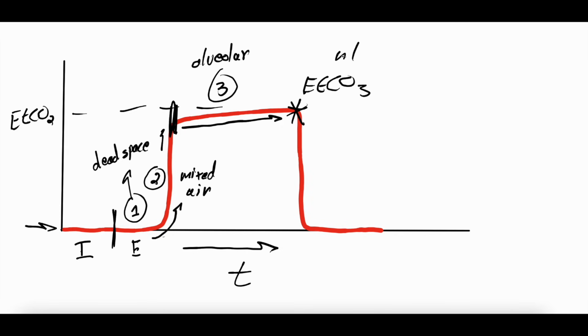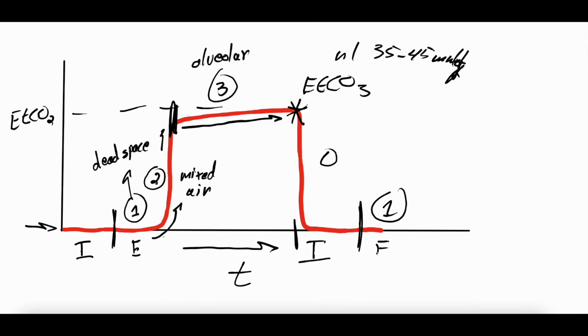Normal being NL, normal being about 35 to 45 millimeters of mercury, Hg. Until I get into phase 0, which is, yep, you said it, when I start to inspire again, until I go back to phase 1, when I start to expire, and this kind of repeats over and over again as I'm taking breaths. All right, hopefully that made sense.